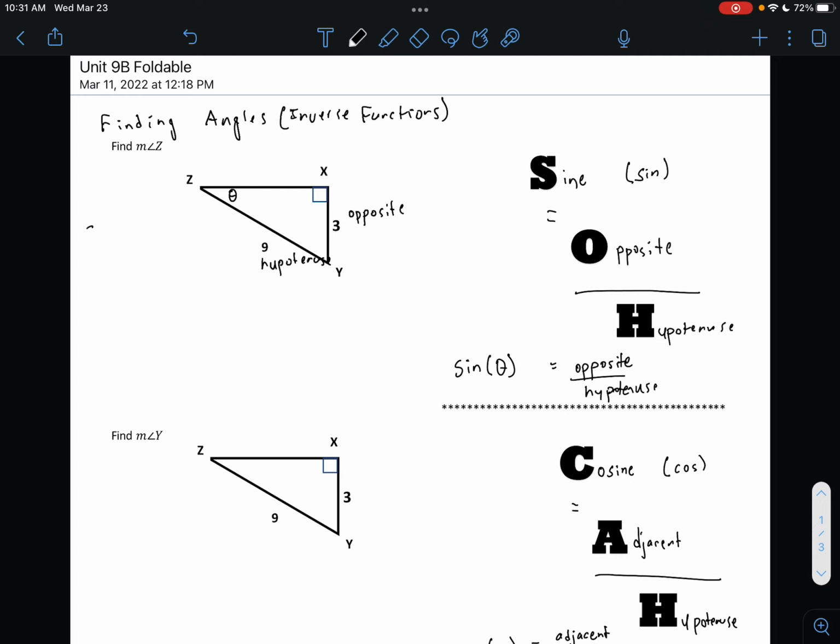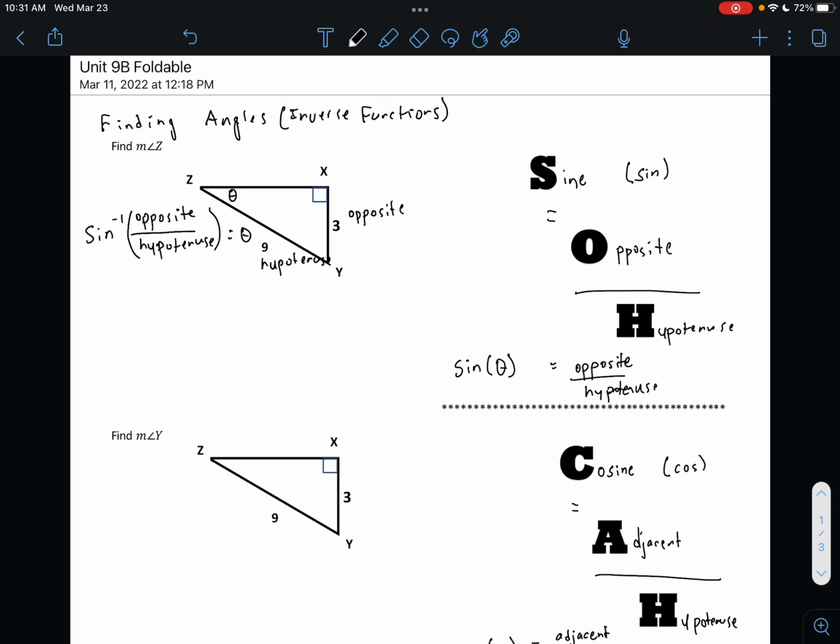The inverse sine is just the sine with a little -1 up in the exponent spot. And that tells us that the inverse sine of my opposite side over my hypotenuse equals my angle.